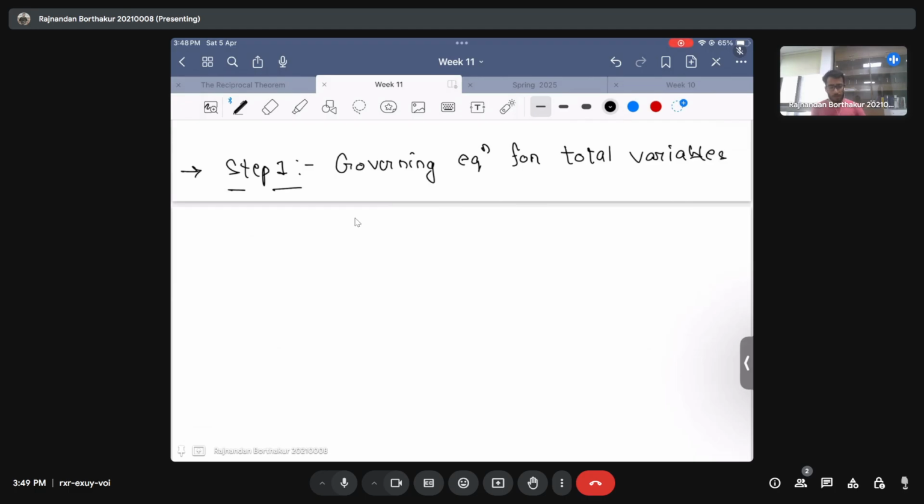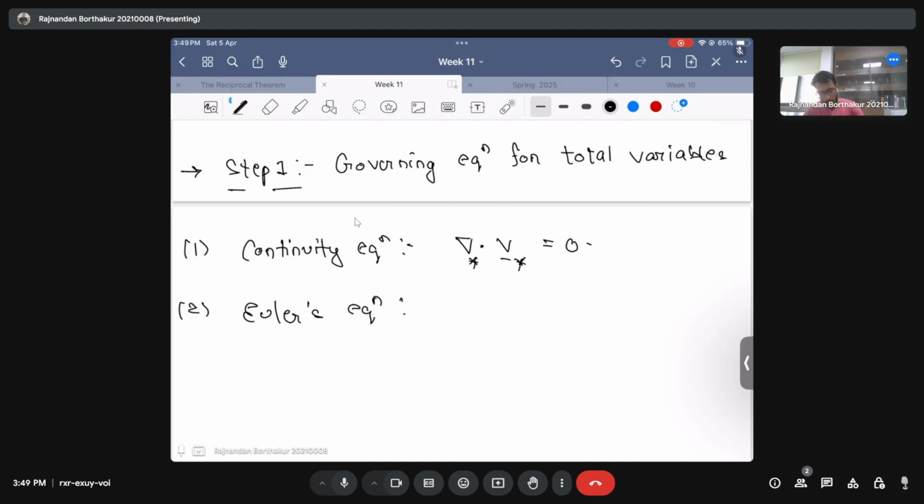So what are the governing equations? The first is, as we all know, the continuity equation. It is the divergence, del star, because it is a dimensional quantity, of v star equals 0. The second equation is the Euler's equation, because your flow is inviscid, which governs the conservation of momentum.